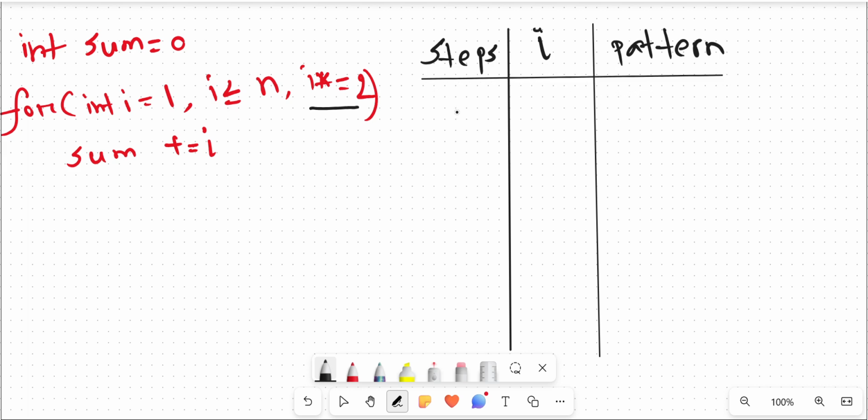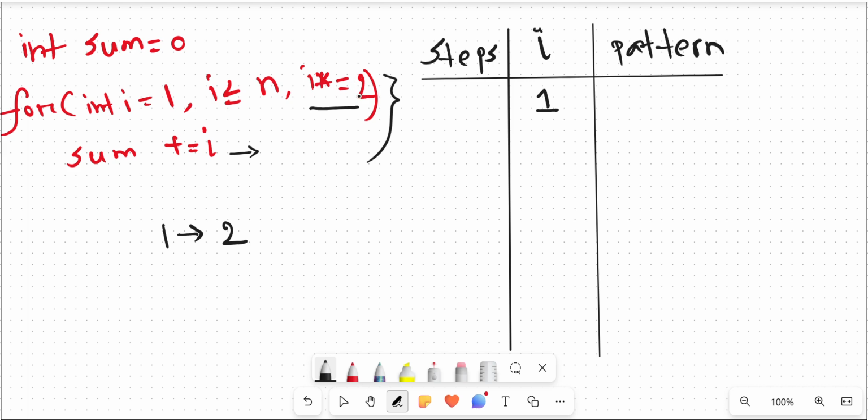So at my first step, when i is equal to 1, what happens? The sum executes, and when my loop has executed only one time, the i is incremented from 1 to 2.